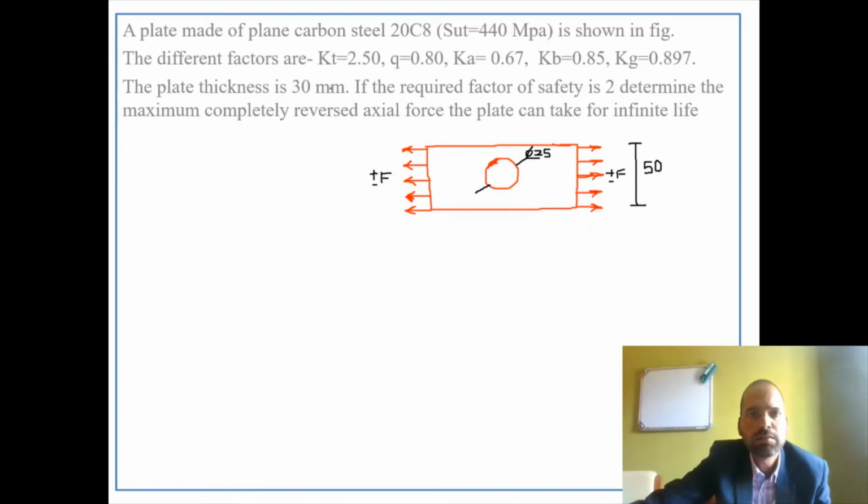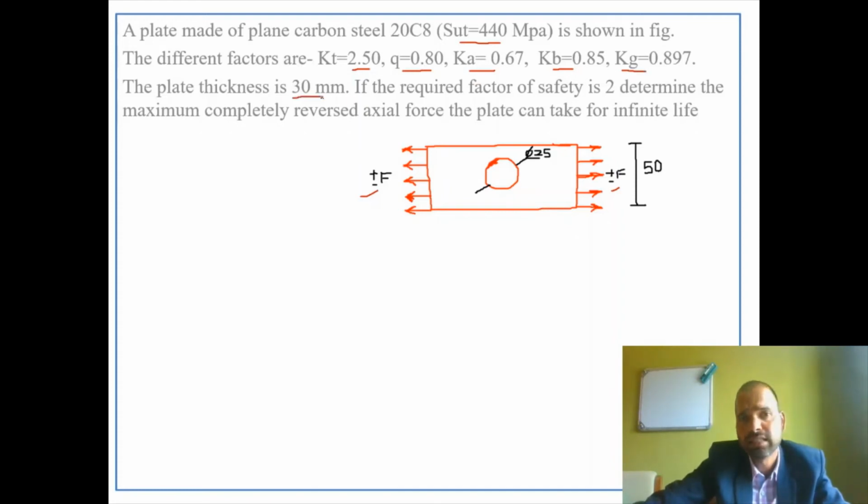Now in this case, there is a plate which is subjected to a completely reversed force of, if you see, the completely reversed force is shown, there is a plus minus value, and the plate is made up of a material of 20C8 having SUT 440 megapascal, and the different factors which are used for these plates are KT stands for theoretical stress concentration factor, Q stands for notch sensitivity, Ka stands for size factor, Kb stands for shear stress factor, then Kg stands for reliability factor.